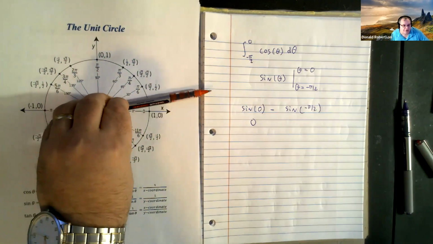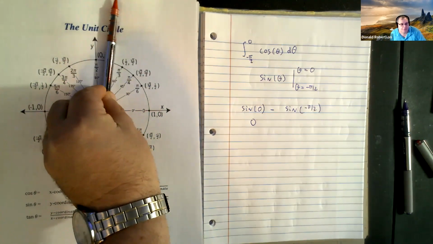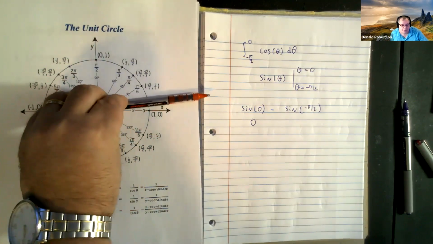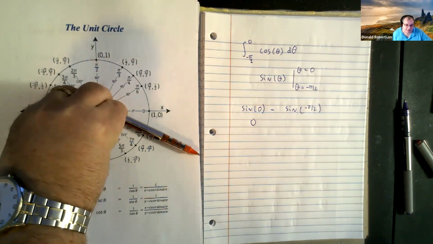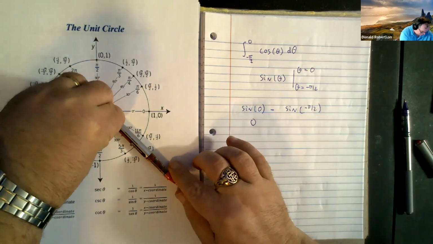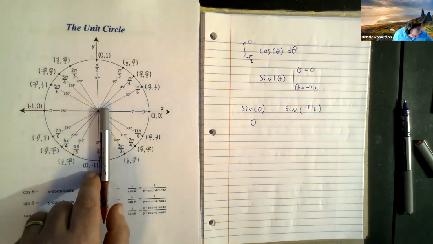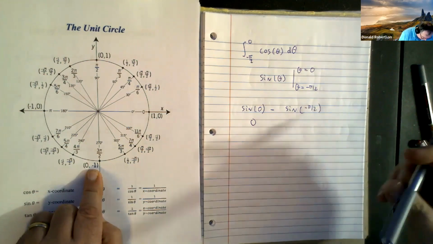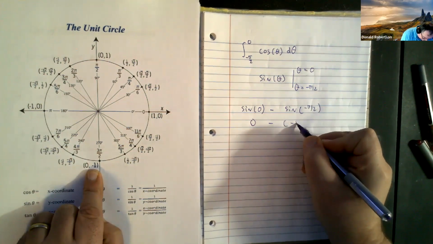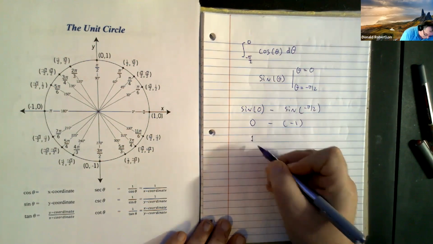The usual direction is pi upon 6, pi upon 3, pi upon 2, and so on. But if you go the other direction, you get negative pi upon 6, negative pi upon 4, negative pi upon 3, and negative pi upon 2 will take you to here. And the sine of negative pi upon 2 is in fact negative 1. And these two end up giving me 1.